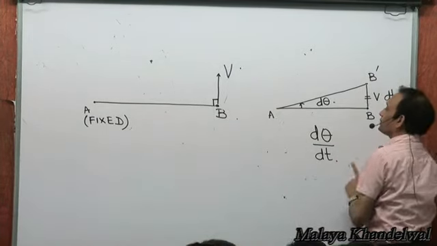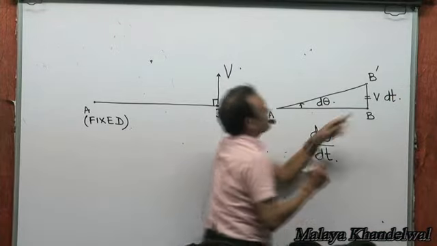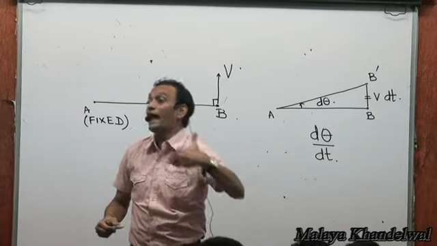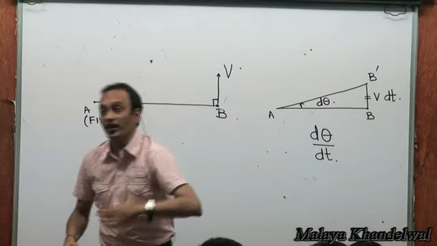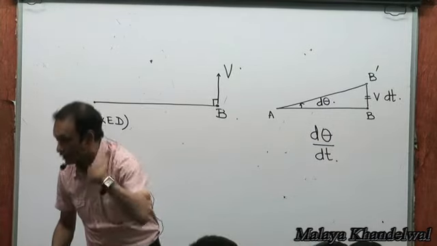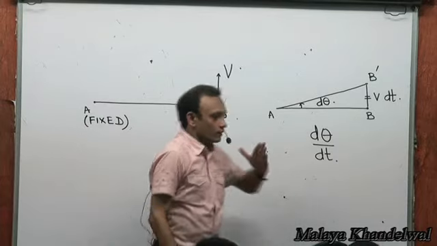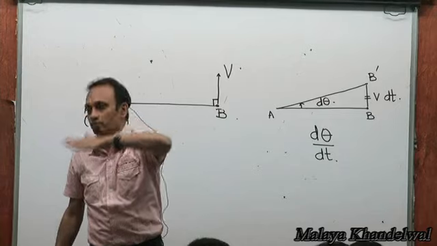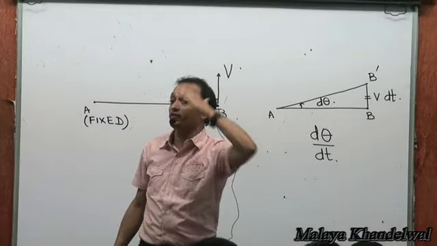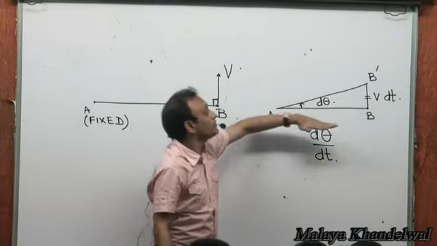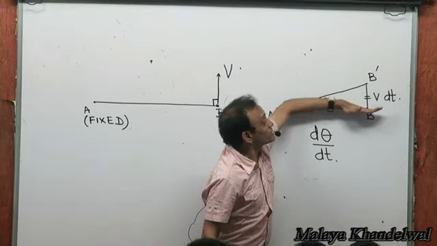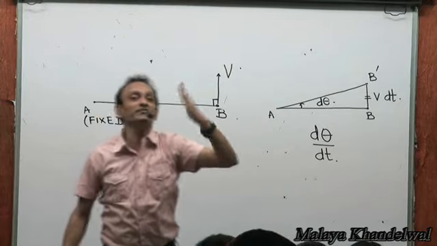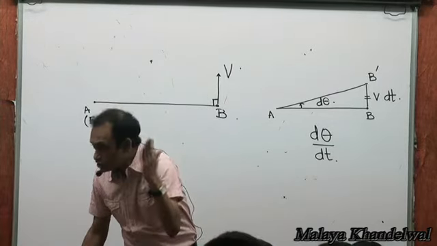So if A is looking at B and is asked to report the angular velocity of B, the manner in which A would report it is the rapidity with which the orientation of AB changes.